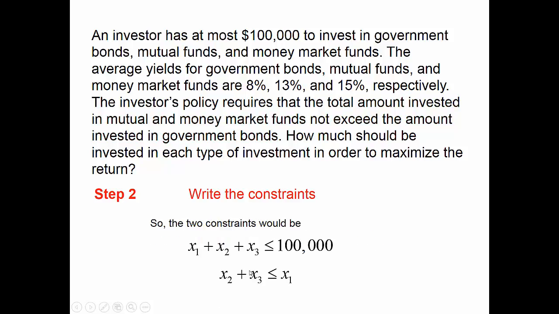Well, the constraint there would be that the two added together, x2 and x3, is no bigger than x1, since that's what we called those. We will modify the second inequality so it's in more of a standard format with all the variables on the left. That would make the x1 negative when we move it over to the left. So there are the constraints.